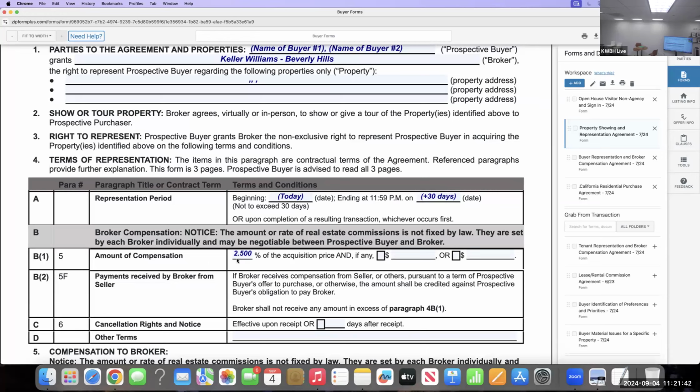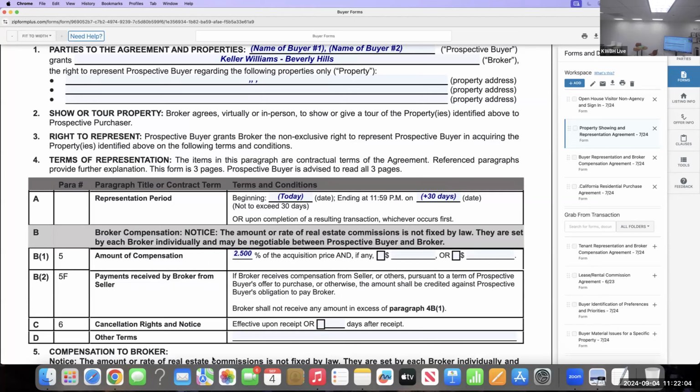If you have a lower number here, like 2% or 1.5%, that's all you're going to get. If the buyer tells you, put whatever percentage you want, but I won't be paying, make sure you only put offers on the listings where the seller will compensate you.